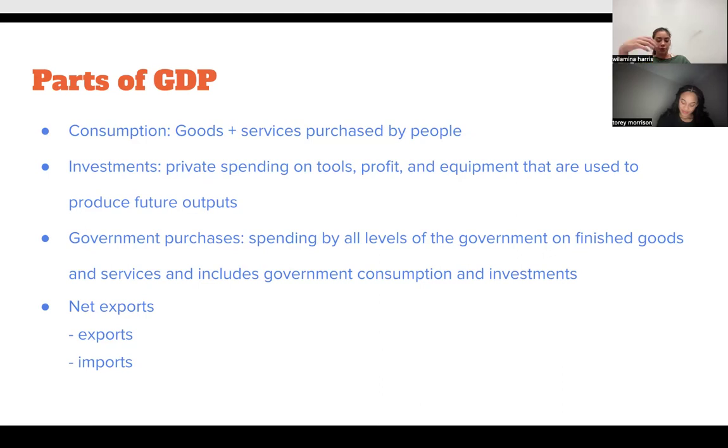If we produced Apple computers and someone in Mexico bought an Apple computer, that would be an export. Imports are goods that are produced in other countries that are purchased in the US. So if Mexico produced apples and we bought them in the US, they would be considered imports. So net exports are exports minus imports.